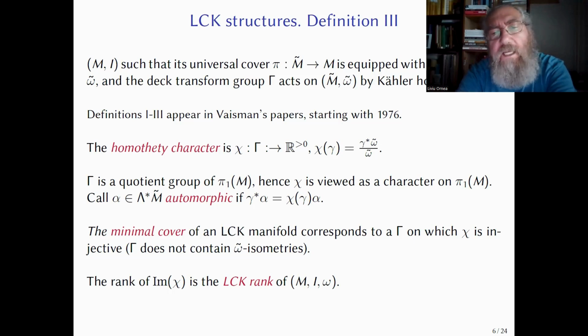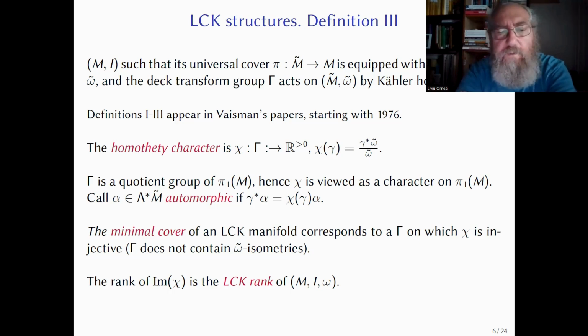The homothety character then will be injective. Many constructions can be reduced to the minimal cover. You get rid of the unnecessary isometries that you may have on the universal cover.